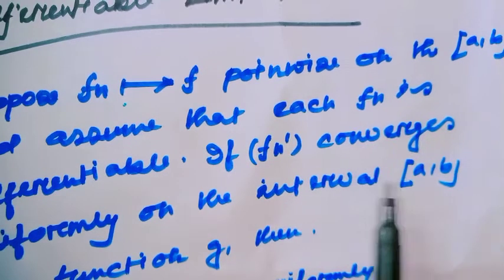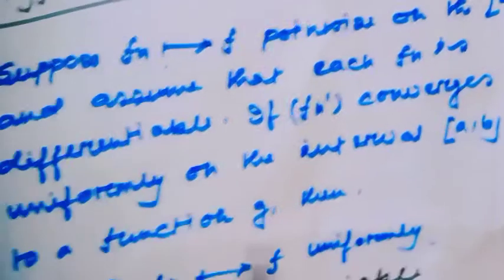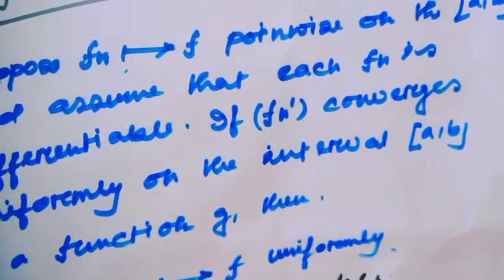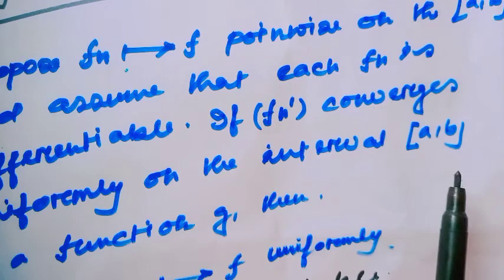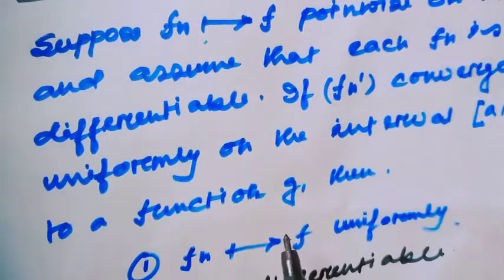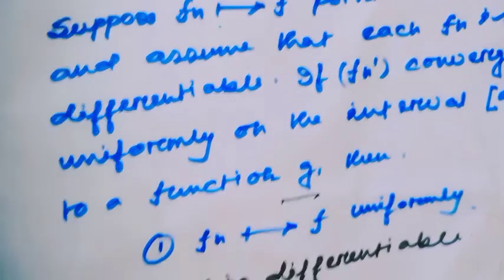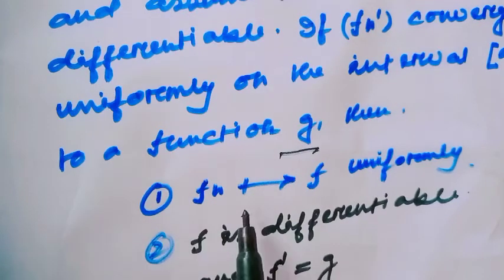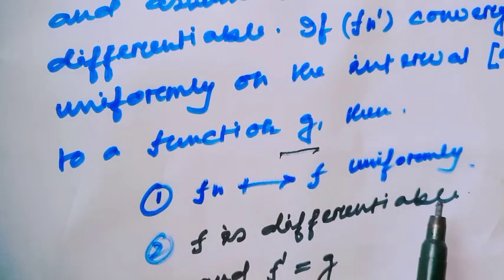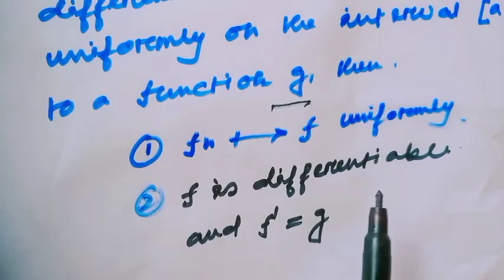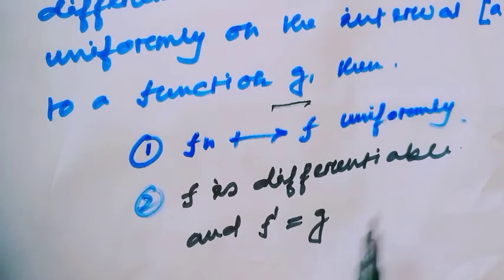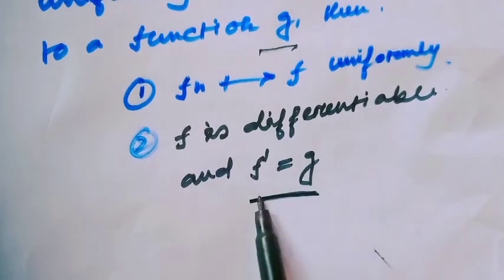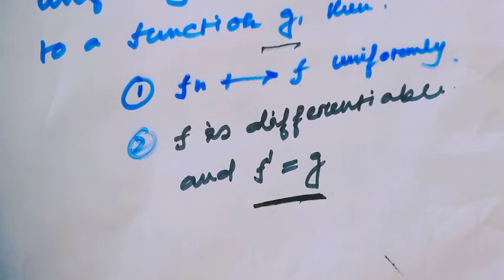If Fn dash converges uniformly on the closed interval a b to a function g, then Fn converges to f uniformly and f is differentiable, and f dash equals g.